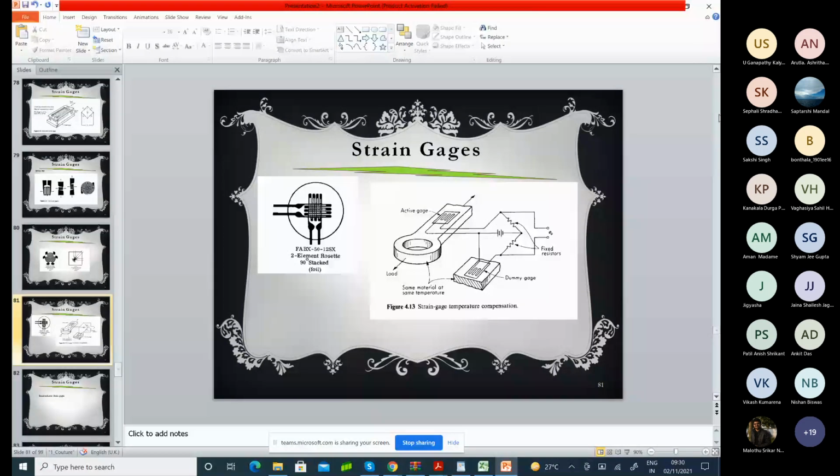Dummy strain gauge means a similar strain gauge we implant on the same specimen, side by side, so that temperature changes similarly in both the active gauge and the dummy gauge, but the dummy strain gauge is not subject to strain, so it is only subjected to the change in temperature. So the change in temperature is the same in both strain gauges and hence gets nullified, whereas the active strain gauge only gets the strain and the output is due to strain. In such a way we can nullify the temperature effect, or we can compensate the temperature, or we can nullify the output due to the change in temperature.